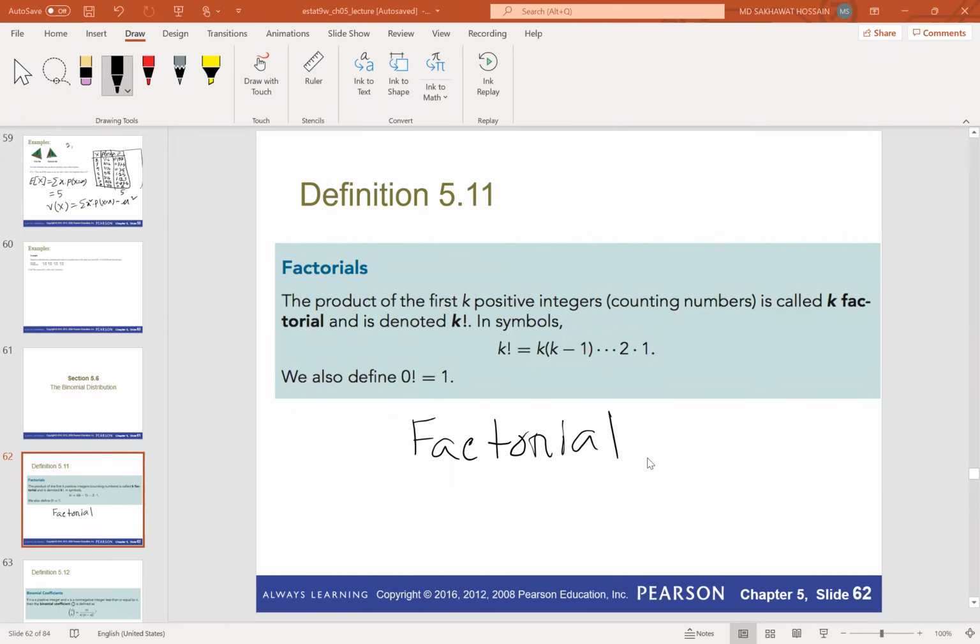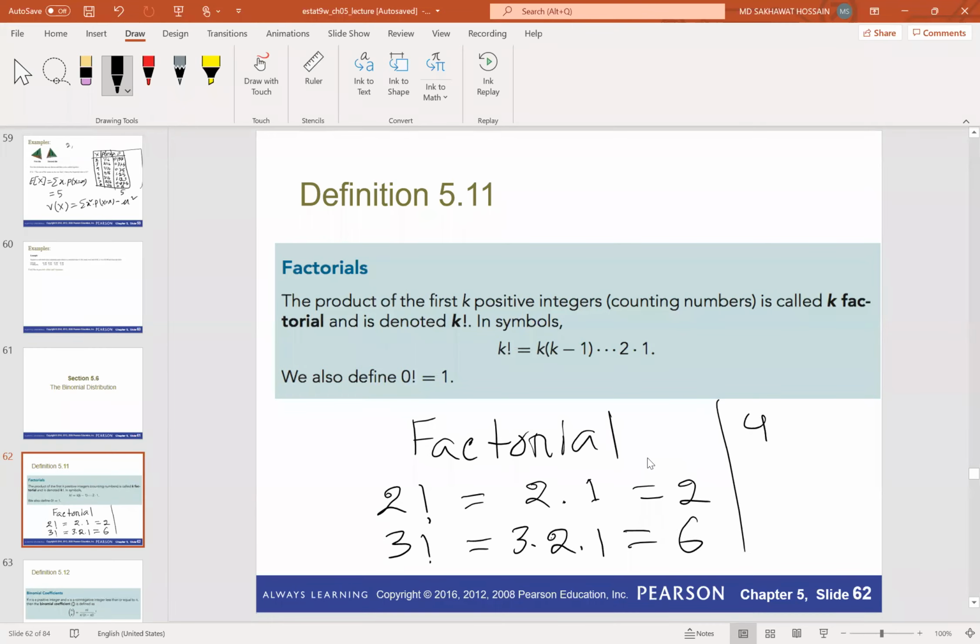Factorial means, if we say 2 factorial, we start multiplying from 2 up to 1. So 2 times 1 is 2. k factorial means k times k minus 1 times k minus 2, and we multiply up to 1. Similarly, 3 factorial is 3 times 2 times 1, which is 6.